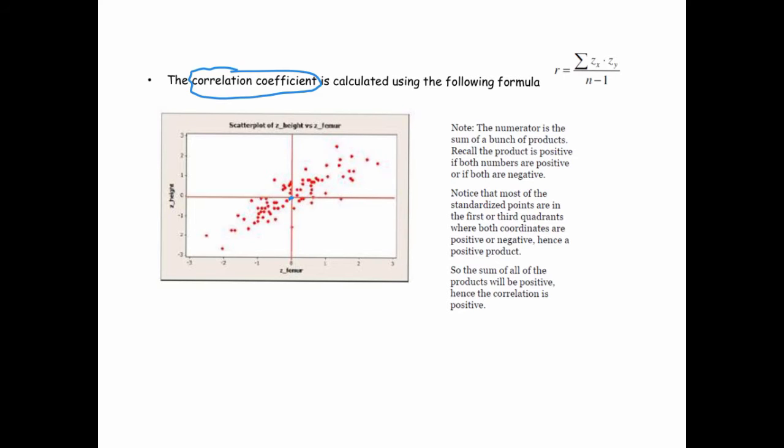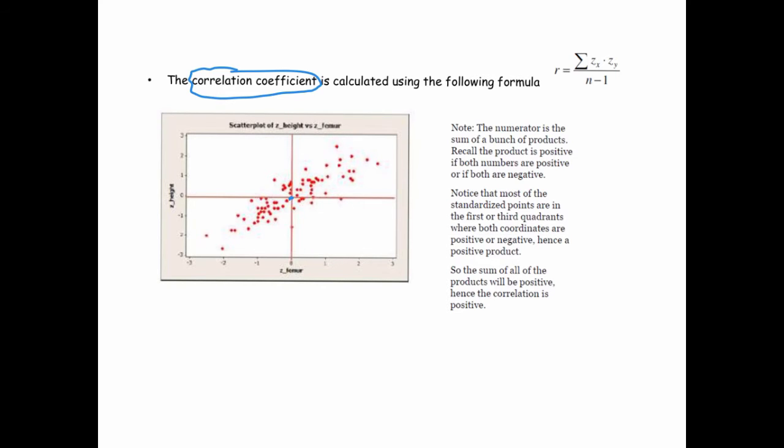They would be adding to the relationship by suggesting a positive relationship. And what you notice is that anything in the top right quadrant, both coordinates are positive, and anything in the bottom left quadrant, both coordinates are negative.